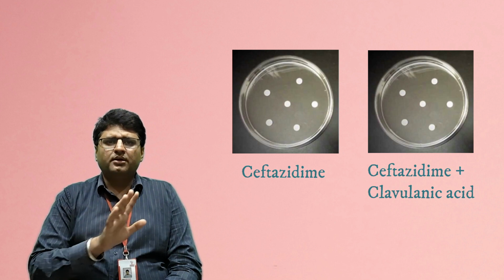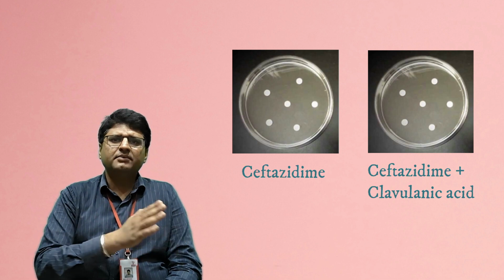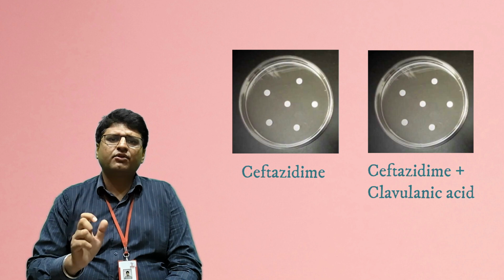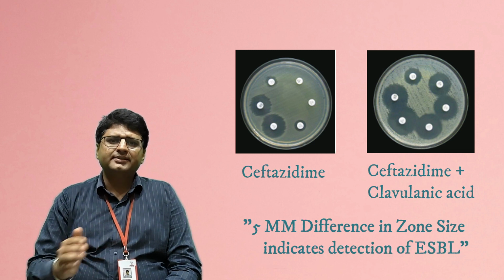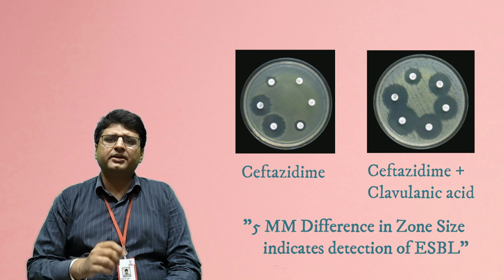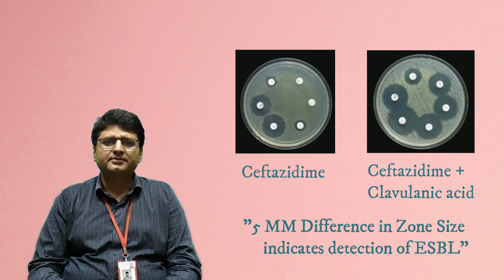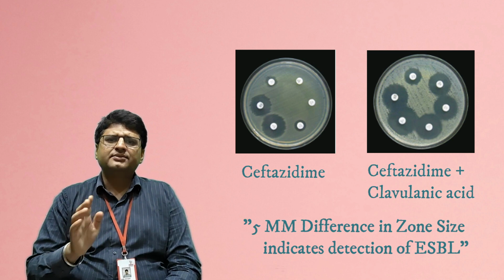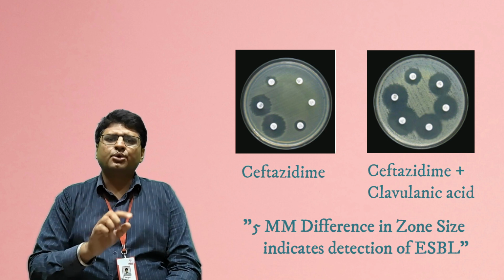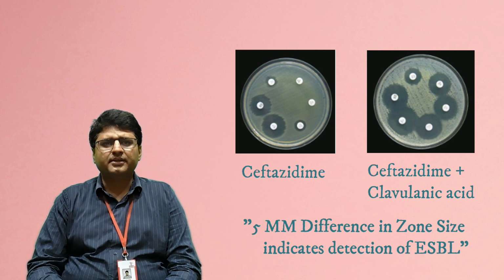After doing the disc diffusion test, if the zone of inhibition of ceftazidime plus clavulanic acid is at least 5 millimeter greater than the zone of inhibition of ceftazidime, it indicates the presence of ESBLs.